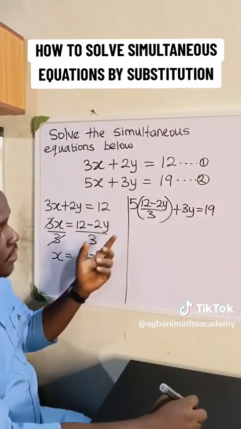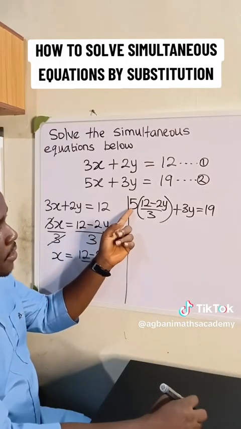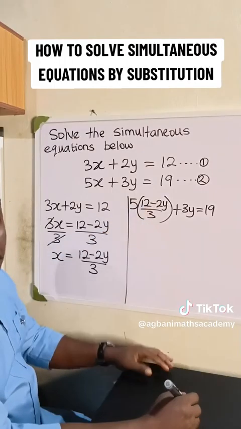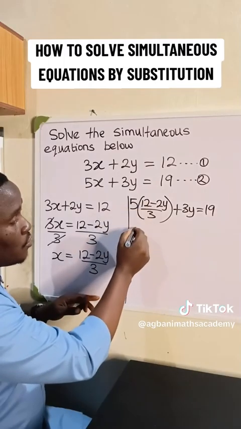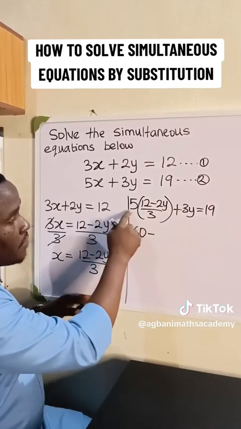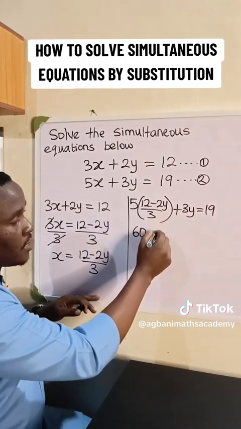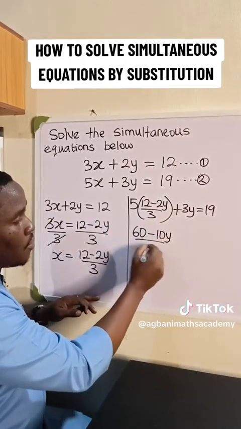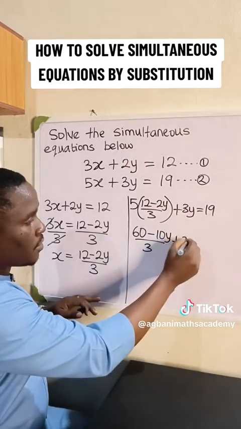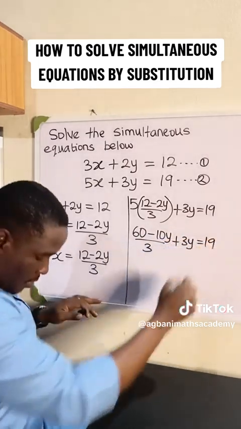So the next thing we're going to do is multiply these numerators by 5. So 5 multiplied by 12 is going to give us 60, minus 5 multiplied by minus 2 is going to give us 10y all over 3 plus 3y is equal to 19.